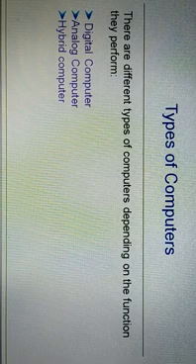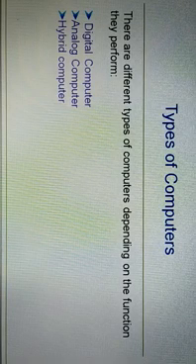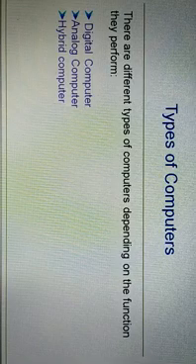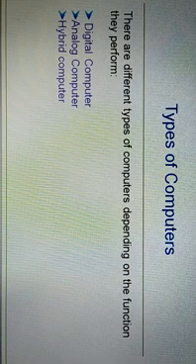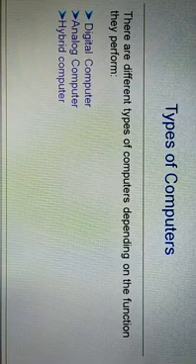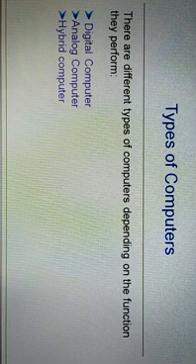First one is digital. When we think about the word digital, it comes from the word digit. In fact, these are computers that work on discrete data. Discrete data means directly counting numbers, letters, or special symbols. These are commonly used for general purpose or special purpose applications such as business.